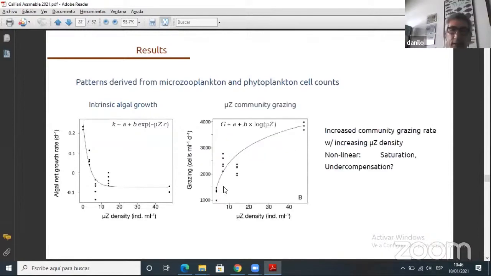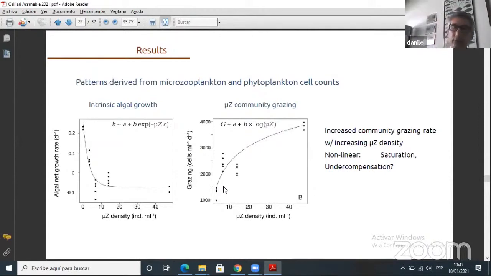And then here is the community grazing pattern, grazing plotted versus microzooplankton density. We see that there is a positive trend, but that trend is non-linear and shows some sort of saturation effect.